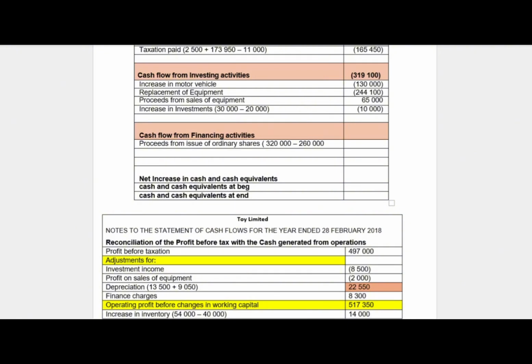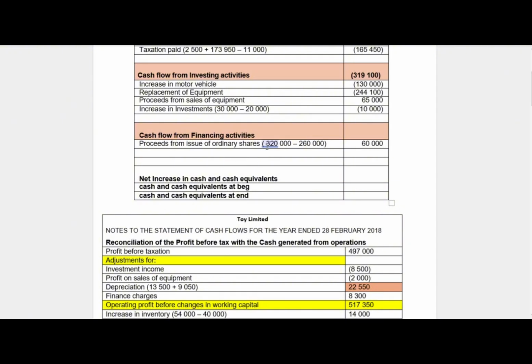All right, so the difference is an inflow, right? Let's do that calculation quickly. 320,123 less 260,000. I'm getting 60,000 inflow, which is the issue of shares. It's an inflow of 60,000, so we're not going to put this one in brackets.